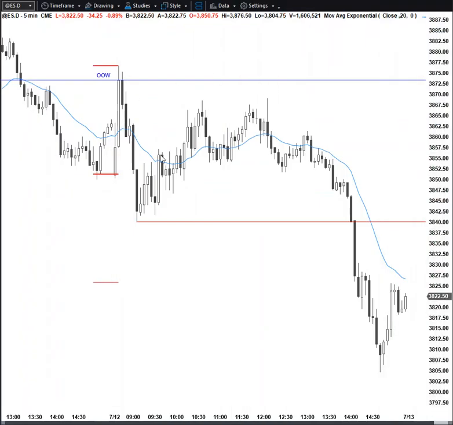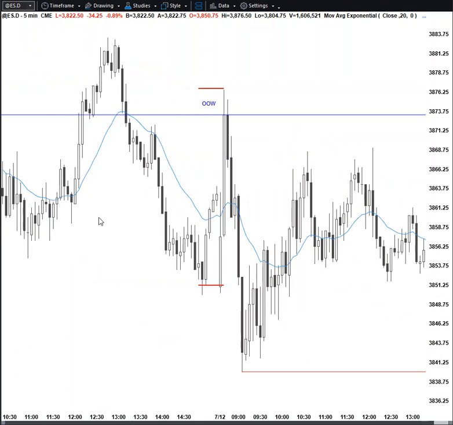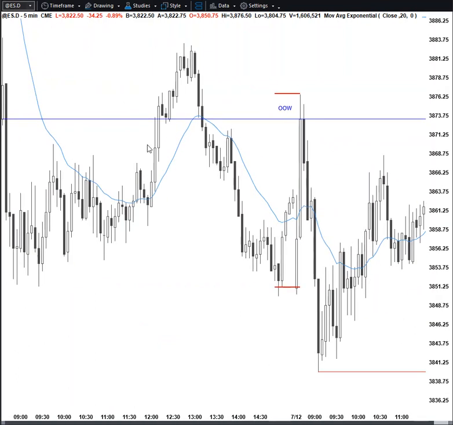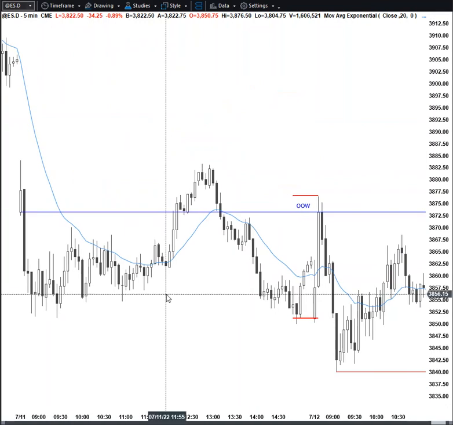Let's just say, hypothetically, I'm going to make up an example. I like this one because this one's easy. I'm going to buy this close of the prior day, which would have been the 11th.